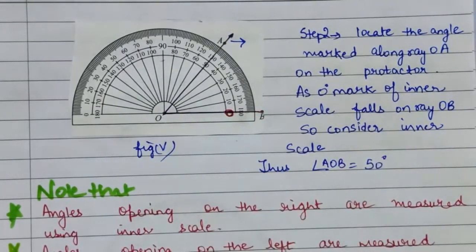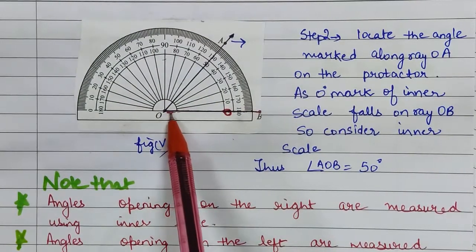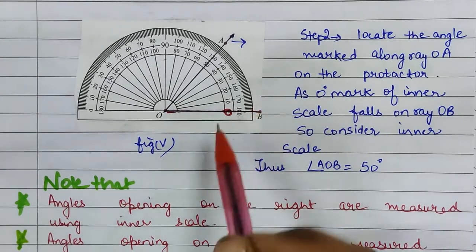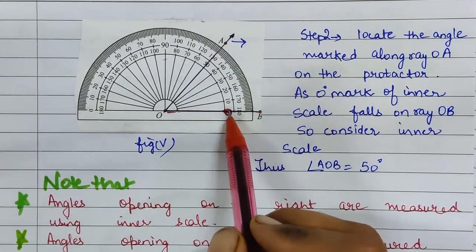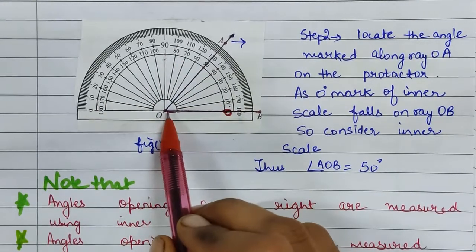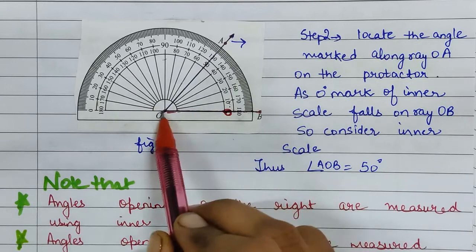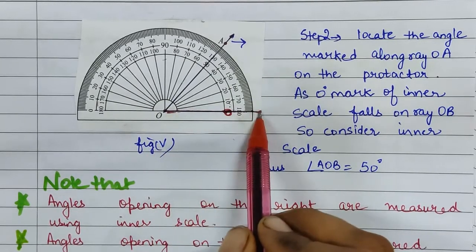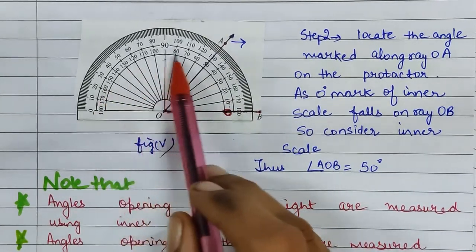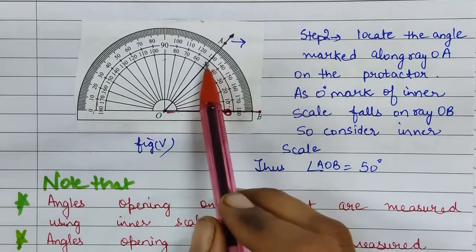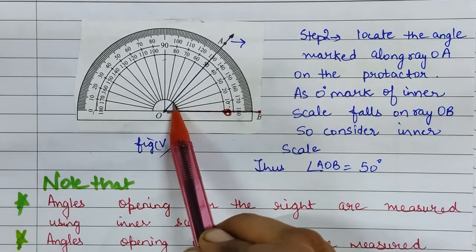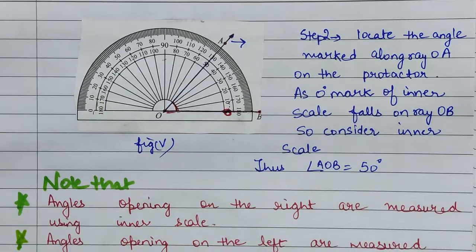If this baseline coincides with one arm of the angle, where the 0 degree of the inner scale lies on the baseline or the arm of an angle, then we will consider this inner scale. Clear? Now from 0 to, if you see here, 0 to 50. So it means the measure of this angle is 50 degree.